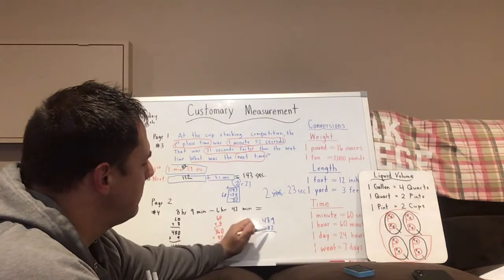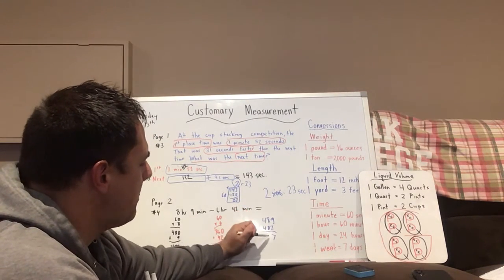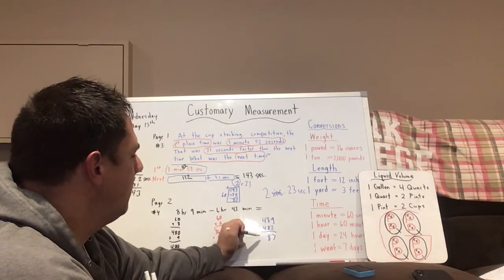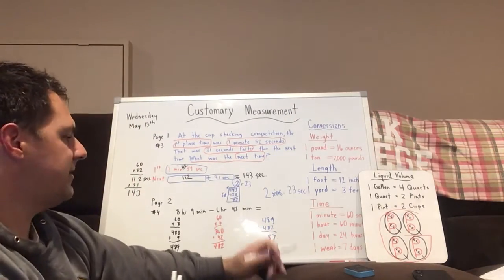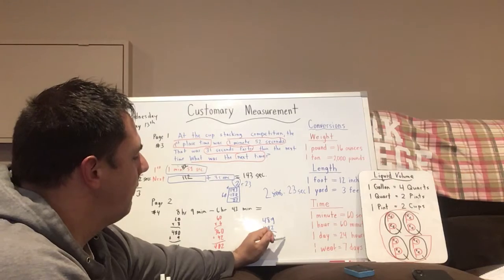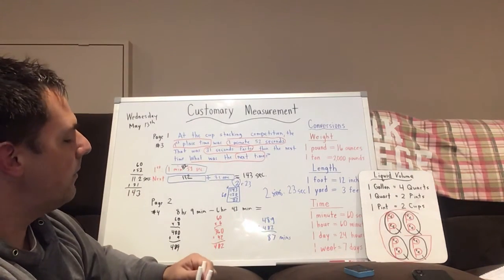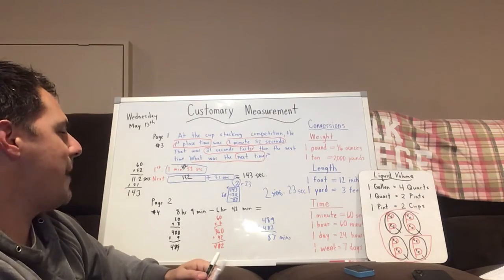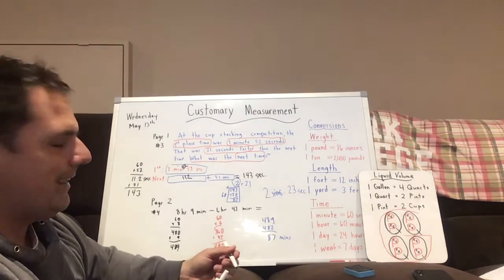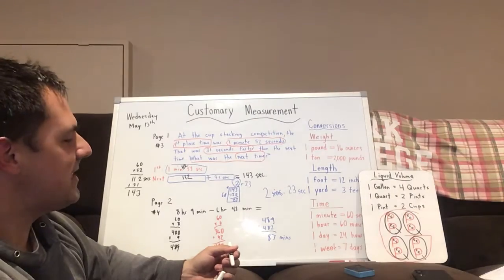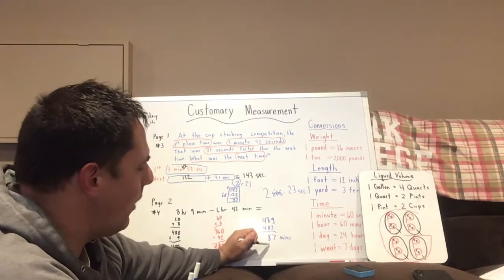9 minus 2 is 7. 8 minus 0 is 8. And 4 minus 4 is obviously 0. So now I know that the answer would be 87 minutes. And I'm going to put this back into hours and minutes. I know 1 hour is just 60 minutes, so I can only put 1 hour here.